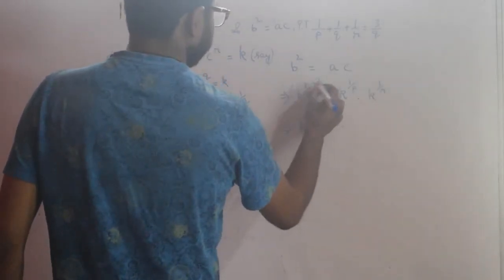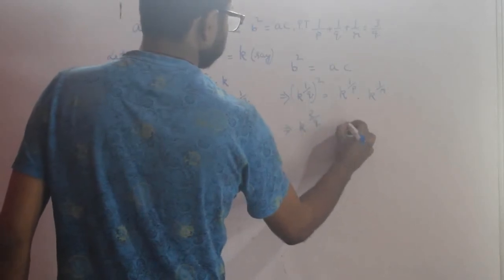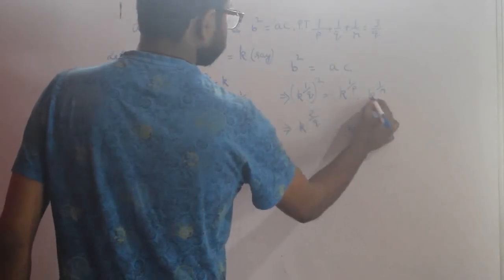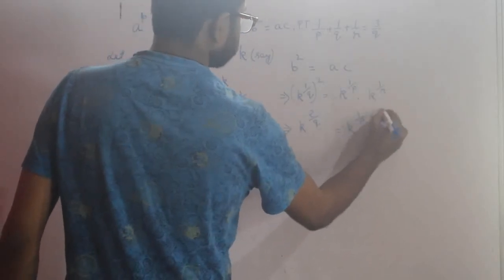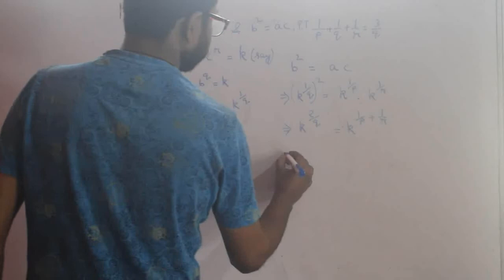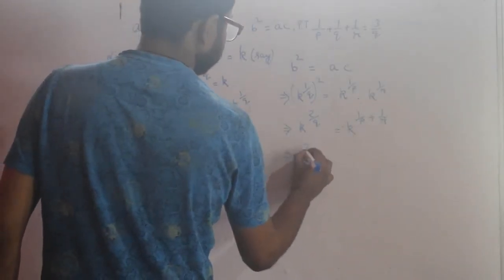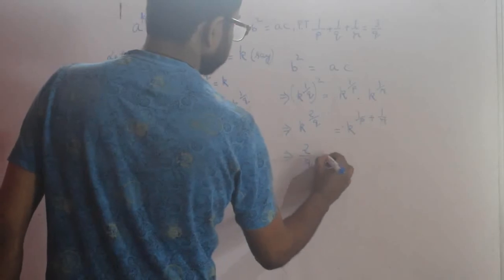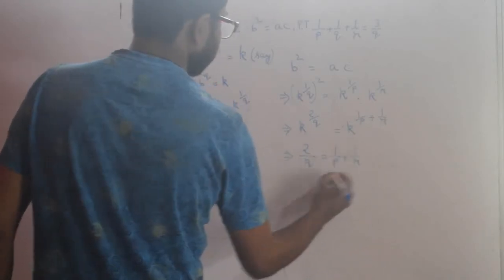So this power and this power will get multiplied, so we will get 2 by q, and here since both the bases are same, the powers will be added, so 1 by p plus 1 by r. So since both the bases are same, you can cancel out the base, so you will get 2 by q is equal to 1 by p plus 1 by r.